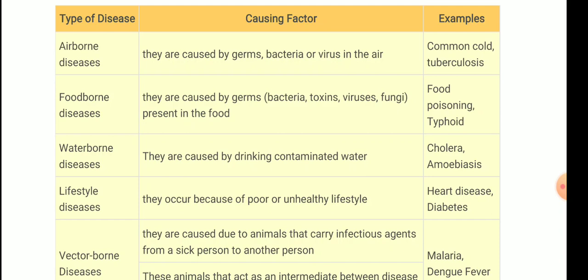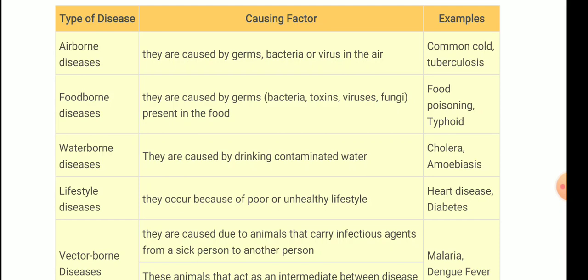Second one, I told you before also, when we consume contaminated food and water, so foodborne diseases are caused by germs like bacteria, toxins, viruses, fungi present in the food. If they are present in the food, then it is said to be contaminated food. So I told you previously also that if you consume contaminated food and the bacteria reach your stomach, this is one way a disease can be caused, or a microorganism causing disease can reach inside our body. First is airborne disease with the help of air.